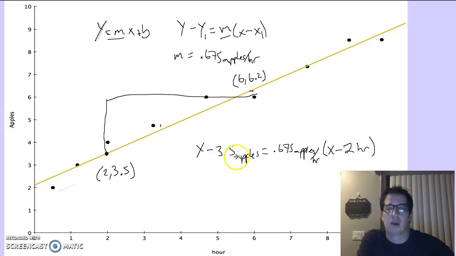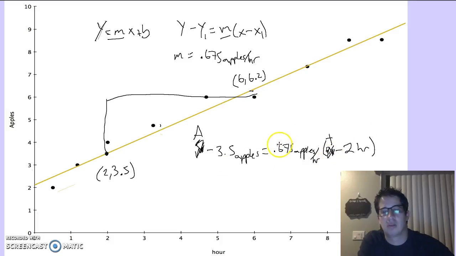Okay, now from here, I prefer to have it in this form right here, so we're going to solve for that. It's important to include your units because it helps us to interpret. But also we want to make this equation fit this graph. This is not a y-axis, this is the apples axis. So we're going to change this y to a capital A, and this axis represents time, so we're going to change this to a t.